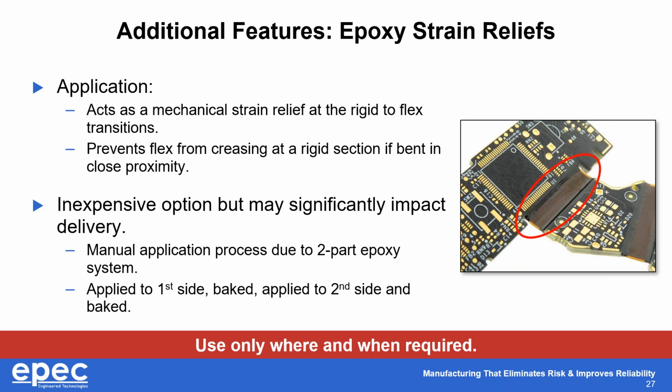But is it a necessity for this specific one? No, it's not. In other scenarios, it may be a requirement at one of the rigid to flex transitions, but not all of them. So that's part of what we'll cover with the customer to streamline the design as much as possible. Again, falls under the category of use where and when required.